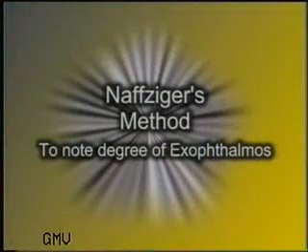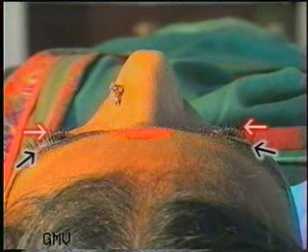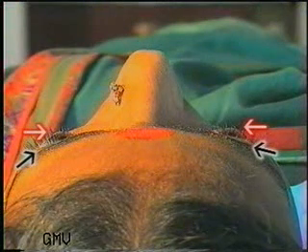Now to note the amount or degree of exophthalmos, examine the eyes by Nafziger's method. Stand behind the patient. Tilt the head of the patient backwards to observe the eyes in supraorbital plane. The actual protrusion of the eyeballs beyond the supraorbital ridges can be appreciated in this position.